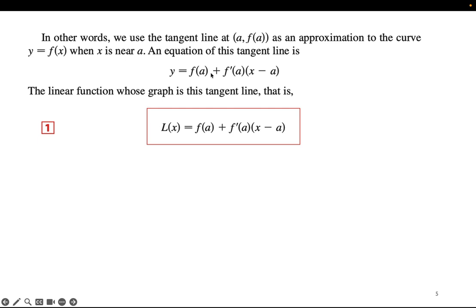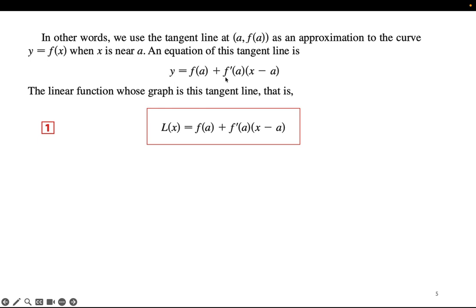this equation right here is the point slope form of an equation of a line. For example, the point we're looking at is a, f of a, and so the linear function is given by f of a plus f prime of a times x minus a.